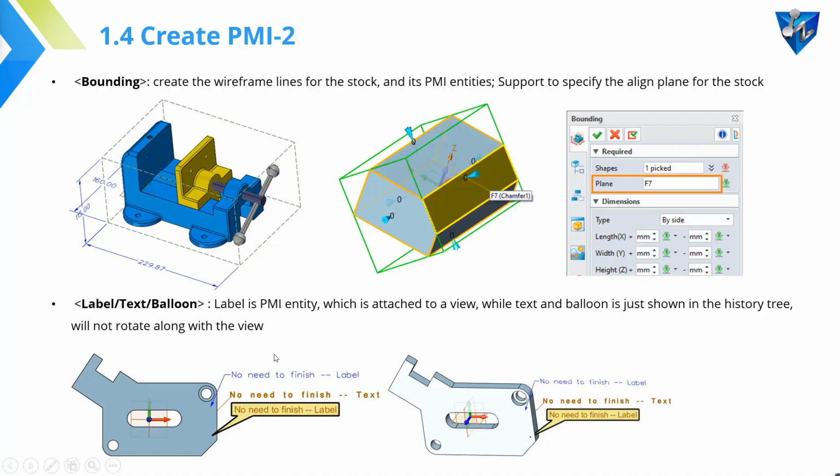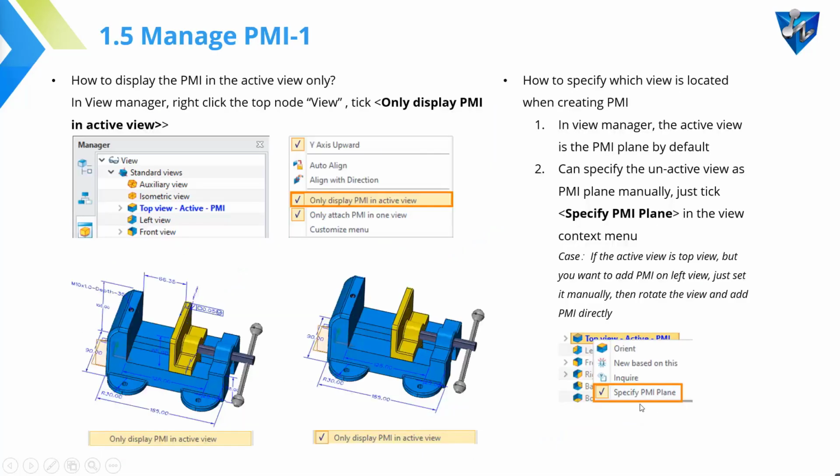So when you rotate the view, only the PMI information will be rotated. Okay, and I will show you how to manage the PMI directly inside the software.